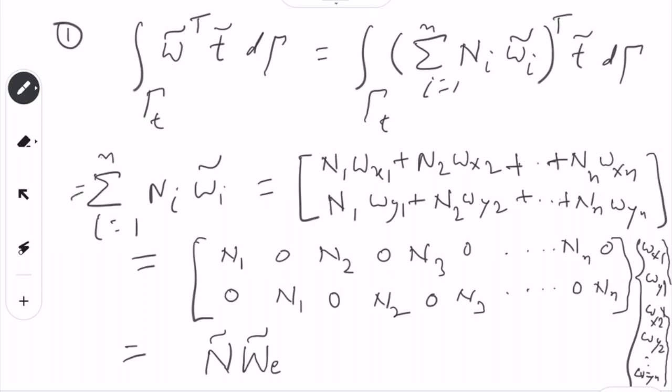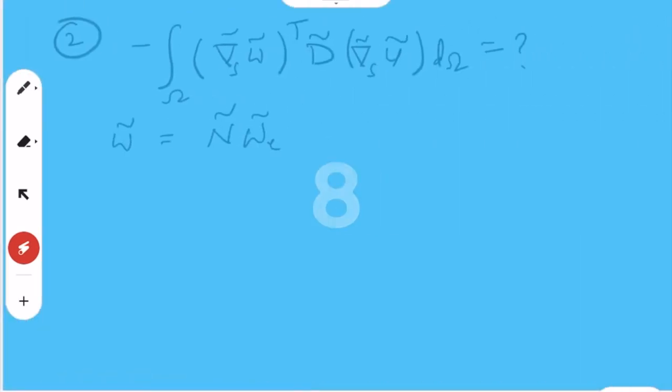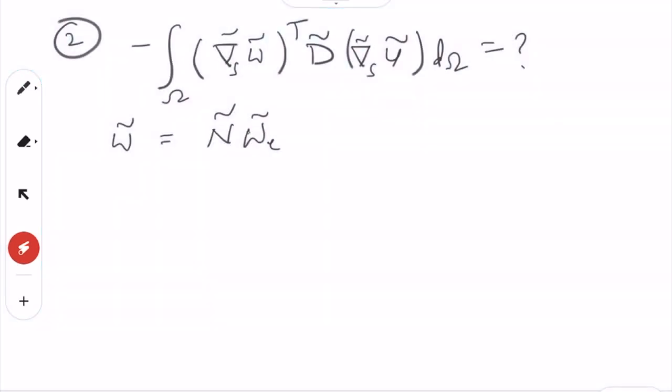This W tilde is given by all these N times W e. So, we will use the same relation here. So, W tilde is N W e.